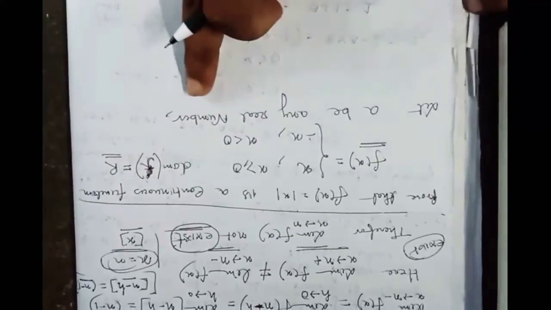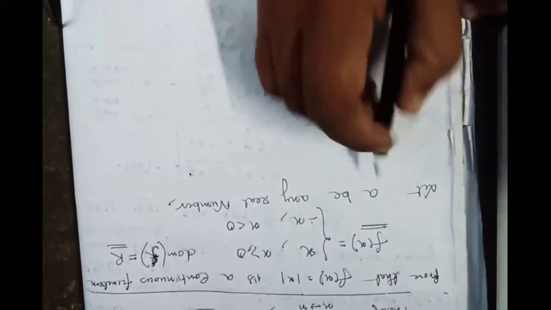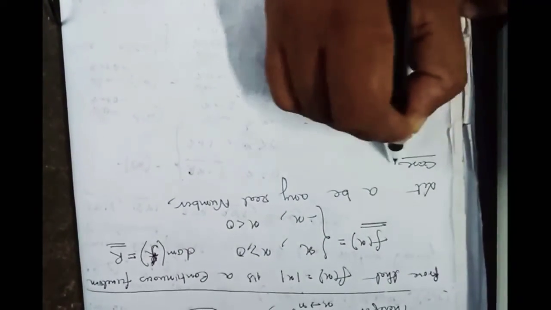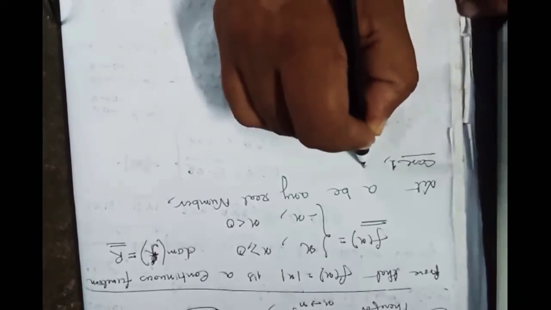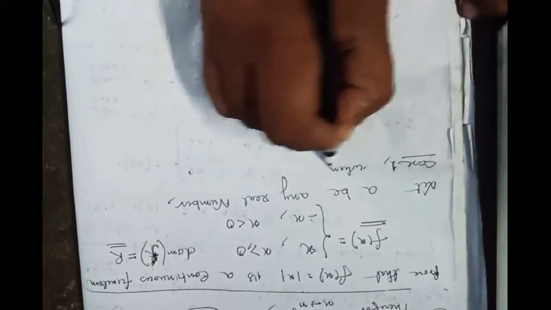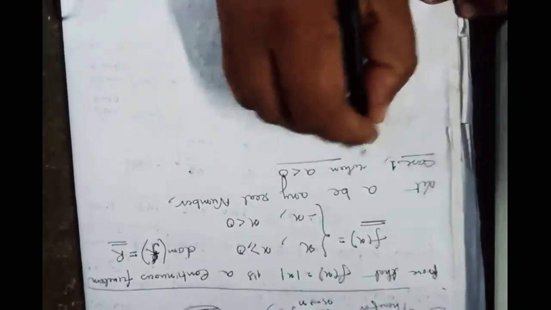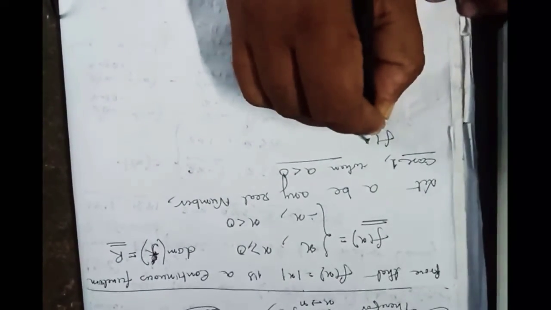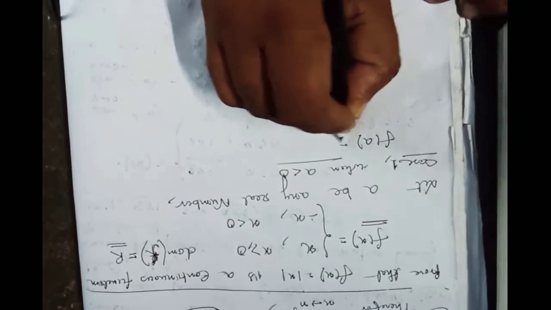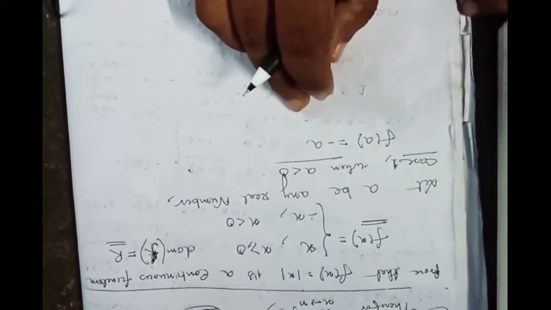Okay, we are taking a to be any real number, then the cases arise. First is case 1, when a less than 0. In this case f of a is equal to minus a.